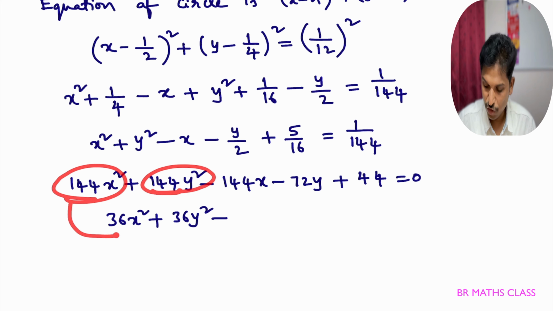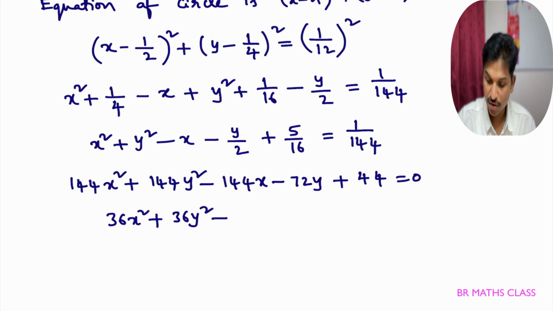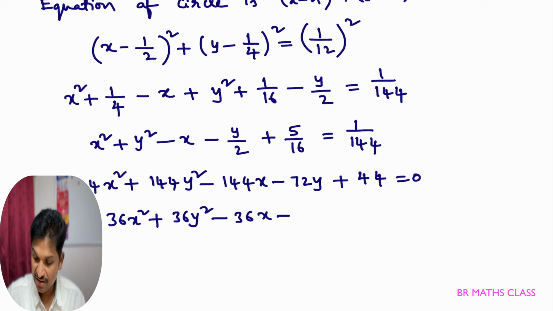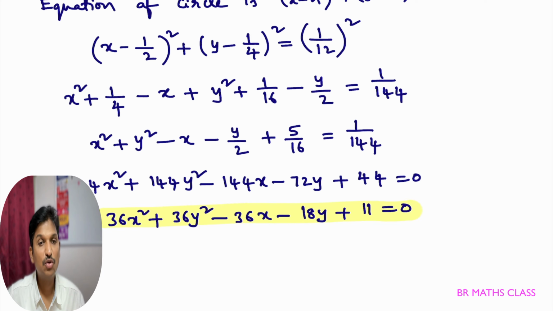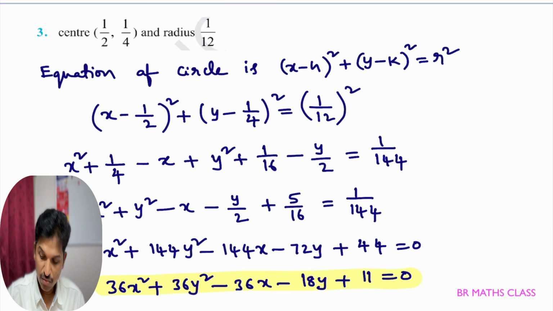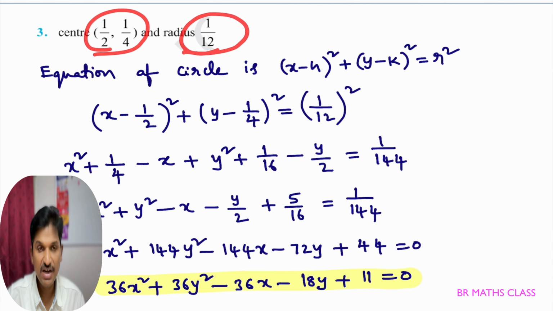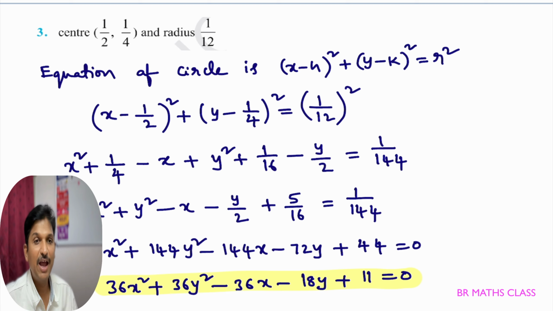If you take 4 common, 4 into 36 is 144. 36x minus, if you take 4 common here, 18 fours are 72, right? So 18y plus 11 fours are 44 equal to 0. So finally, this is the circle equation whose center is (1/2, 1/4) and whose radius is 1/12. I hope you understand this class.